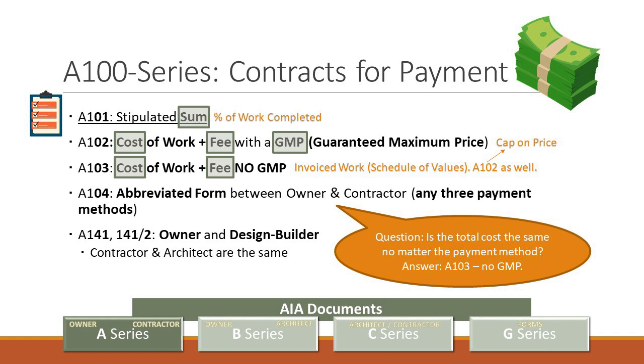If I signed an A103, I have to pay $8,000. I don't have any checks or balances on the 103. So it's a cost of the work, whatever it costs. So it's a means in the sense of this is how we process the payments, but the end result could be very different.